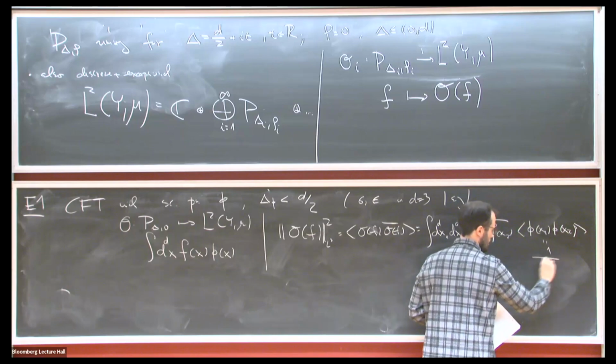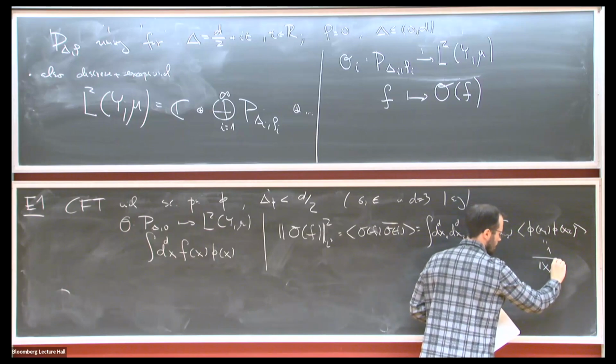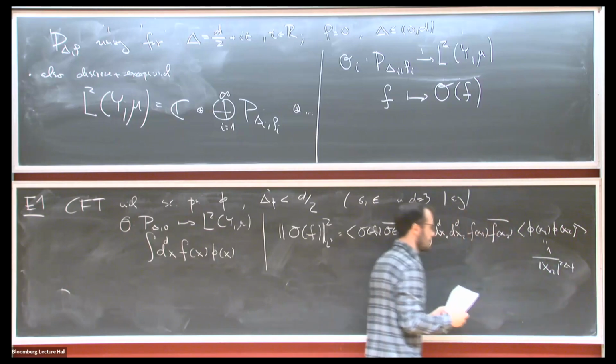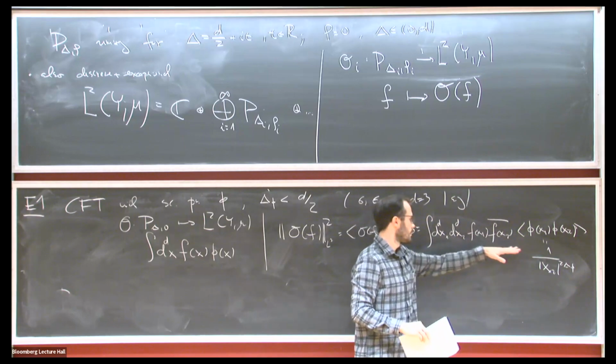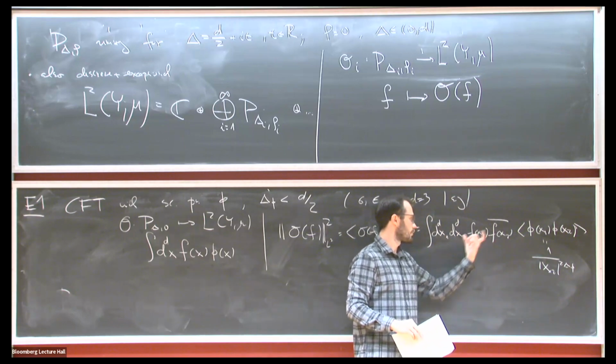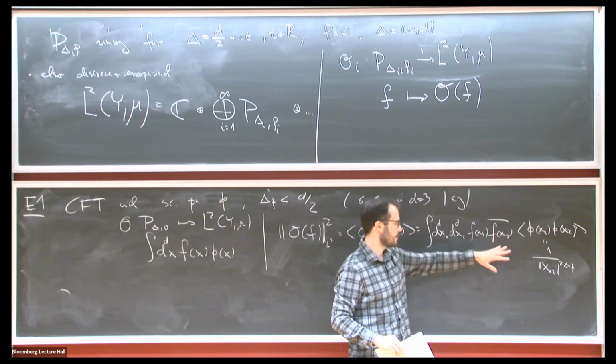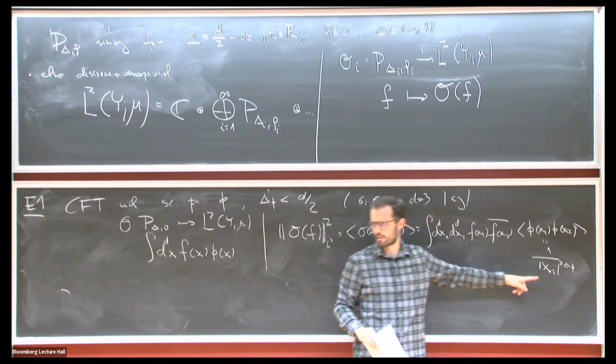This 2-point function is just x12 to the power minus 2 delta phi by conformal invariance, and for suitably nice functions, this is always finite because the singularity here is integrable.